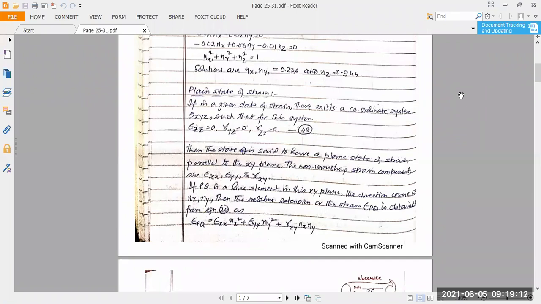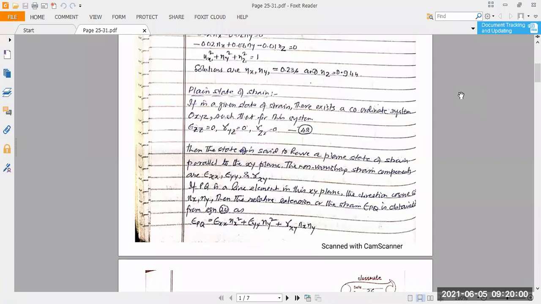With direction cosines nx, ny, and nz, the relative extension of the line is epsilon PQ, which is given as epsilon xx nx square plus epsilon yy ny square plus epsilon zz nz square plus gamma xy nx ny plus gamma yz ny nz plus gamma zx nz nx. Here epsilon zz does not exist, and gamma yz and gamma zx do not exist.